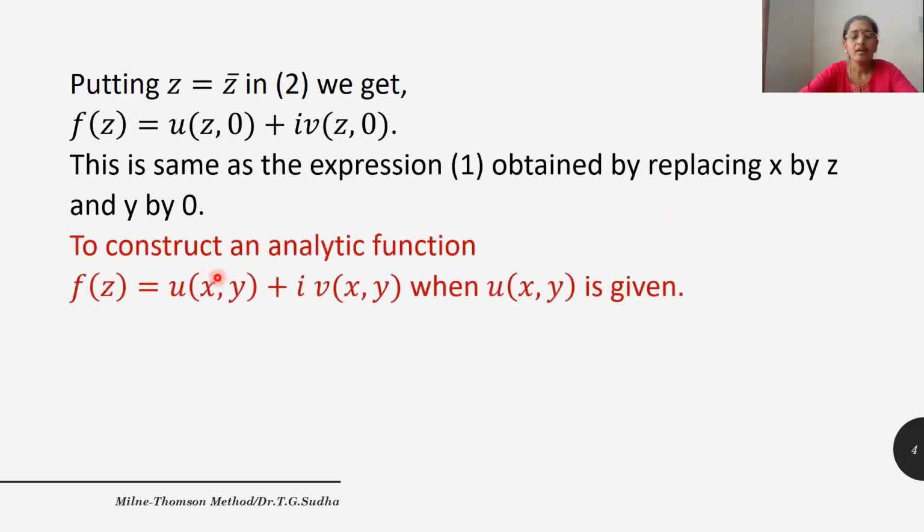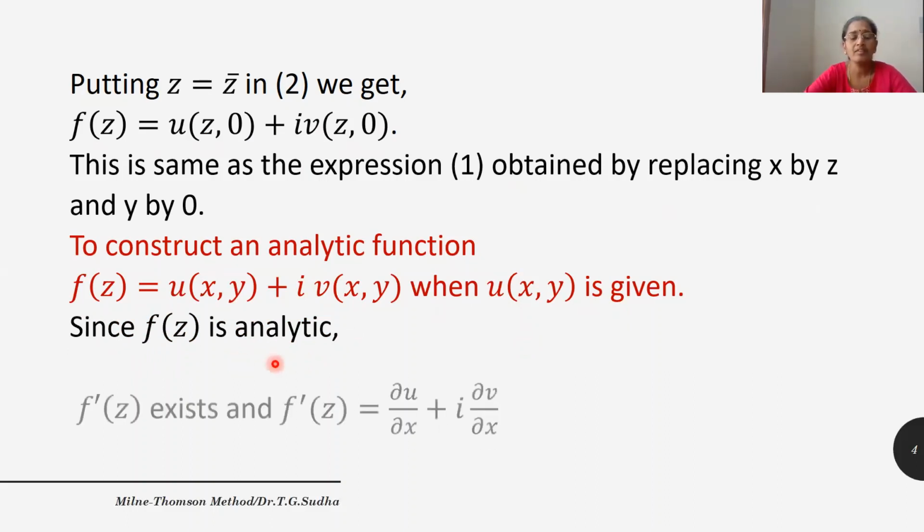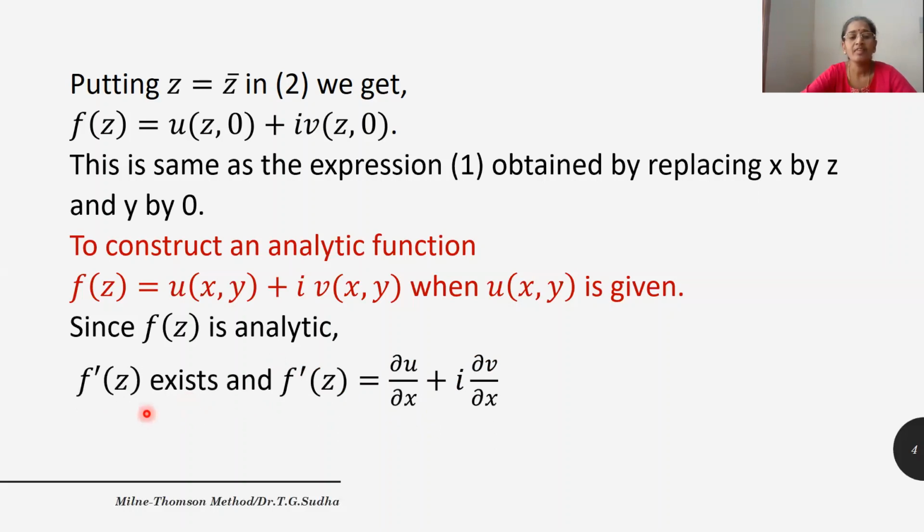Now let us see how to construct an analytic function f of z is equal to u plus iv when u is given, that is, the real part is given. Since f of z is to be analytic, it has to satisfy some conditions, that is, f dash of z must exist, and f dash of z is equal to dou u by dou x plus i into dou v by dou x.